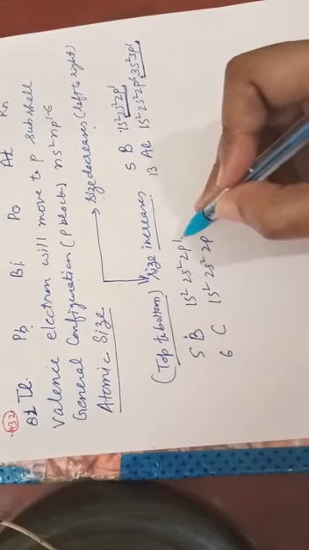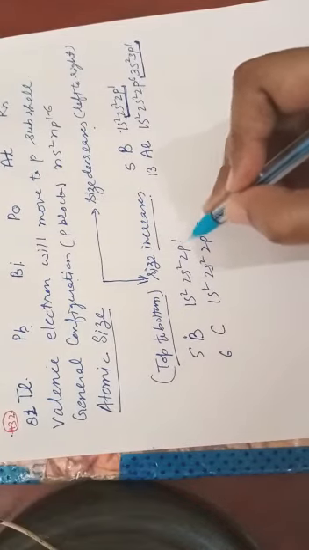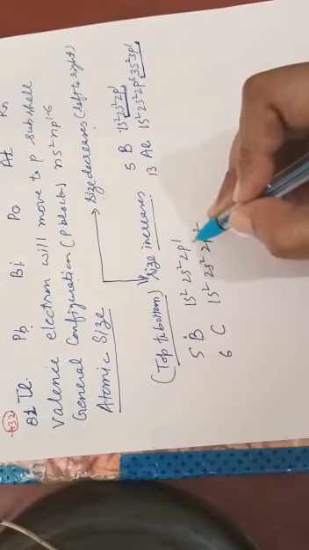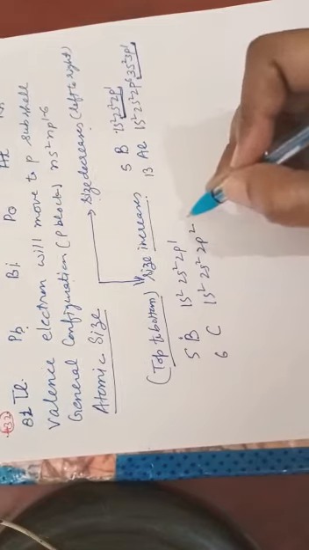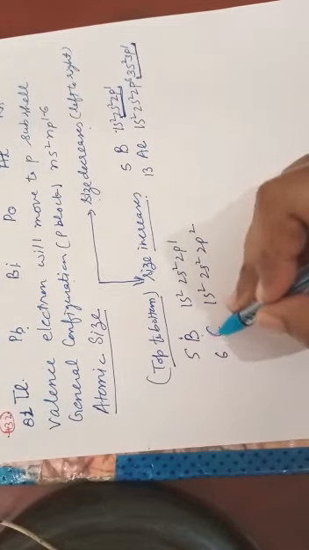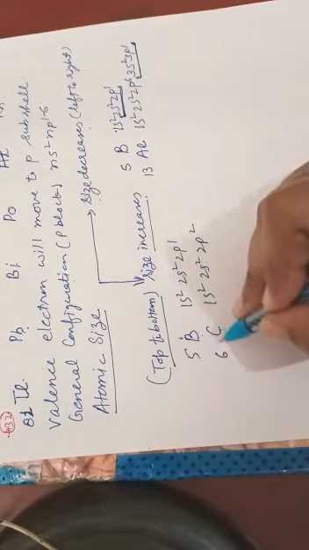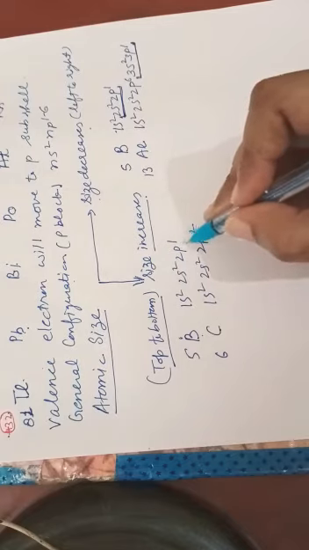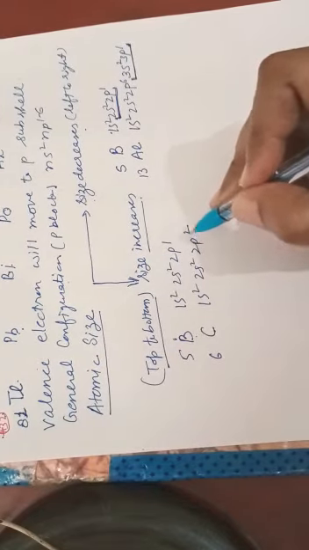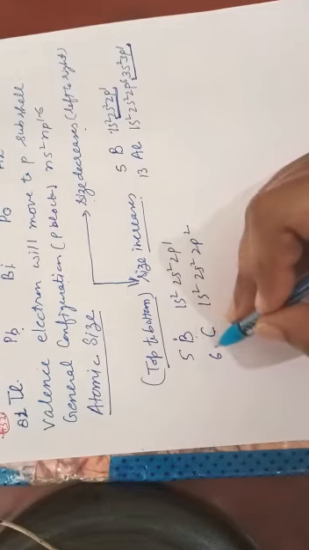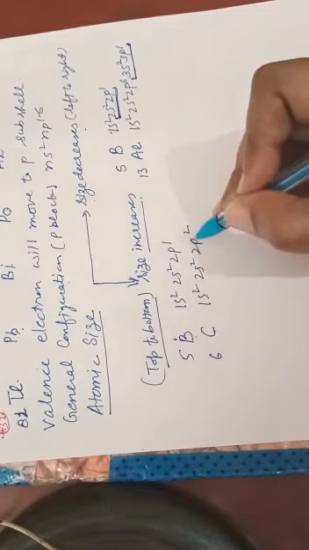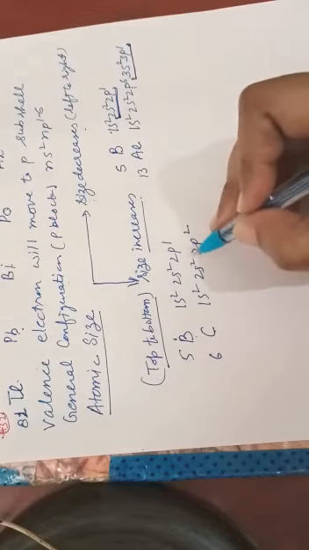Here the electron is increasing in the p subshell itself, with no new shell. But the number of protons is increased by 1, so the effective nuclear charge will increase by 1, and the electron is entering the same shell. So the effective nuclear charge predominates on the valence electron, and the size decreases.